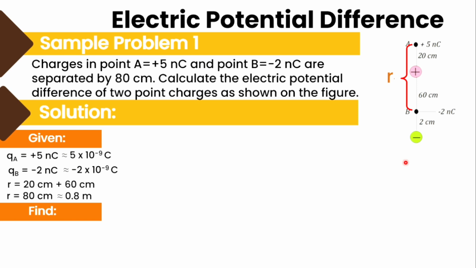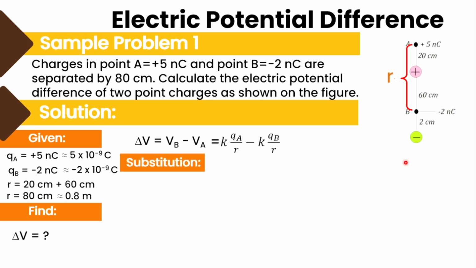Next, we need to find out what is being asked from the problem. So what is being asked is the electric potential difference. That is denoted by a small triangle and the electric potential symbol. So electric potential difference is equal to point B electric potential minus point A electric potential.